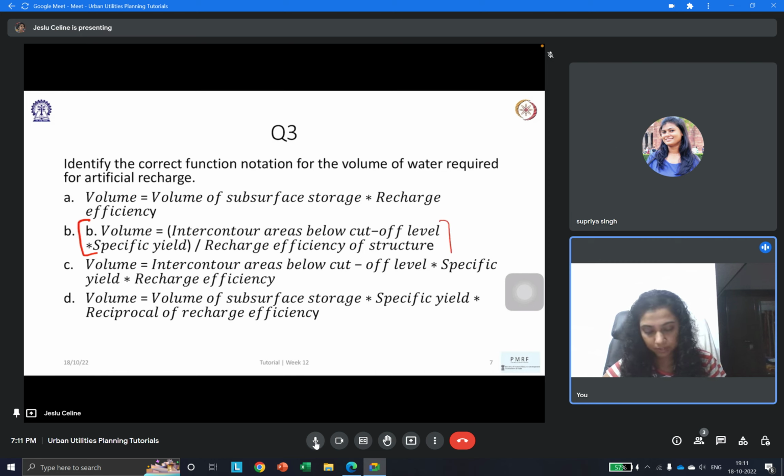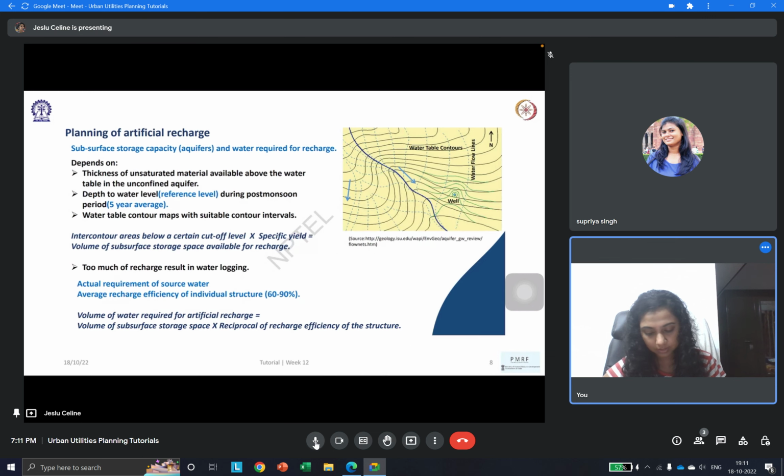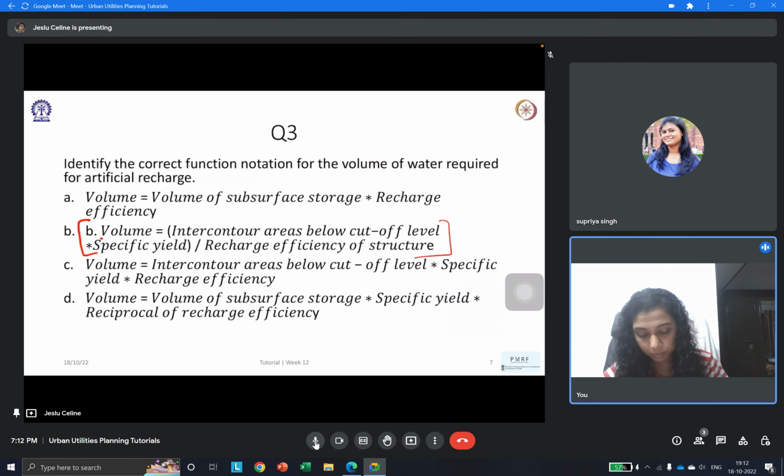So this we have learned in our lecture also. So it is the volume. Okay, no, wait. Intercontour area. No, whatever they asked, it's the volume that you're talking about. Intercontour areas below cutoff level into. Do you want to check this once more?